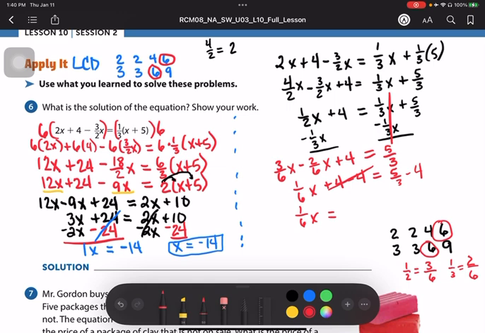5/3 is the same as what number with 3 in the denominator would give us 4. If you said 12, you are correct because 12/3 equals 4. Okay, you can do a common denominator by placing 4/1.